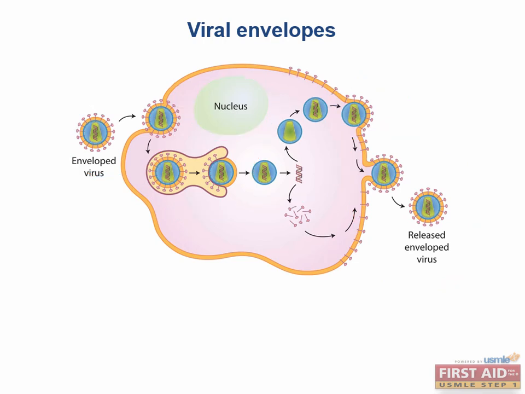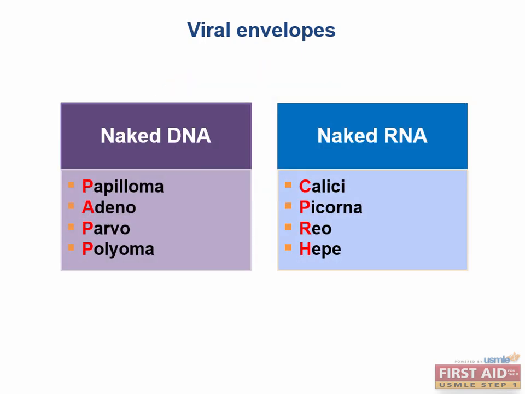So now how do we remember which viruses are enveloped and which are not? Well, we can always trust the creative authors of First Aid to provide us with some handy-dandy mnemonics. In total, there are 8 naked viruses, 4 are DNA and 4 are RNA. The DNA viruses include the papilloma, adeno, parvo, and polyomavirus.